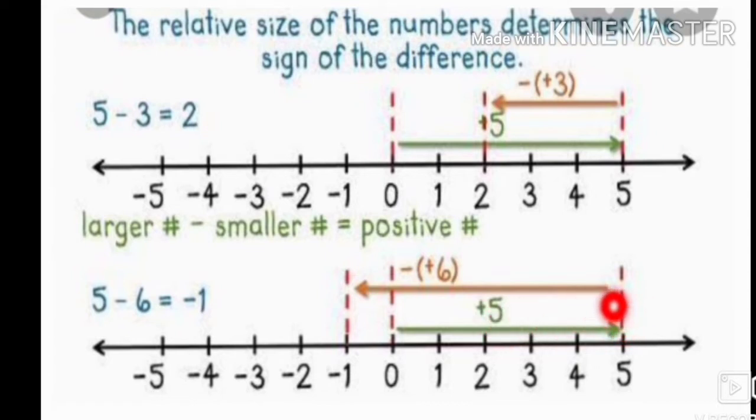Turn towards the negative side for the operation of subtraction and move 6 steps forward in the negative side to represent plus 6. Now we reach the integer minus 1, which is the solution of the given subtraction 5 minus 6.